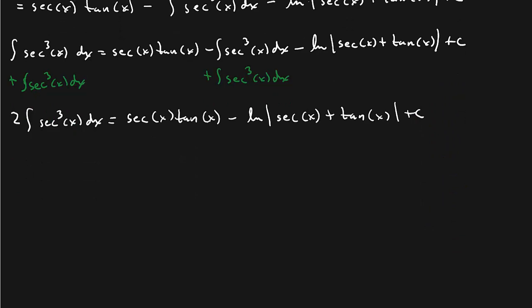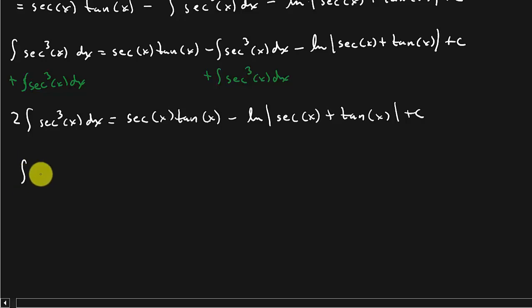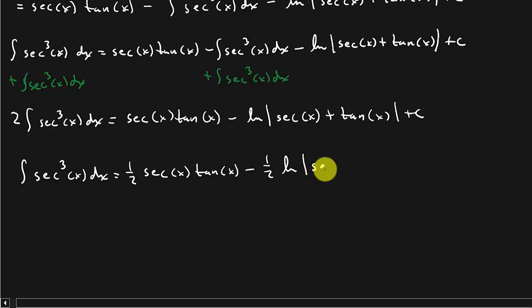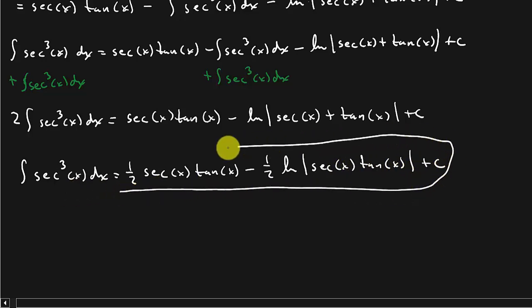And then I just do what? Multiply everything by a half to get rid of that 2. And so that's going to be integral secant cubed x dx is equal to 1/2 secant x tangent x minus 1/2 natural log absolute value secant x plus tangent x plus c. And there's your answer.